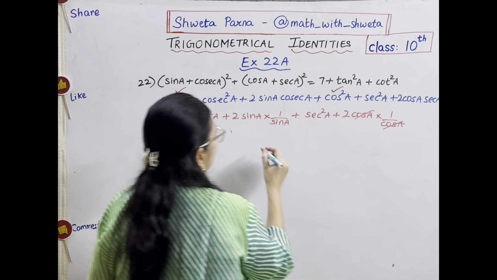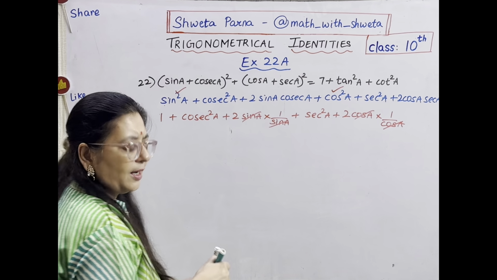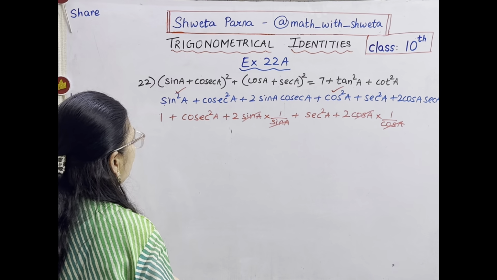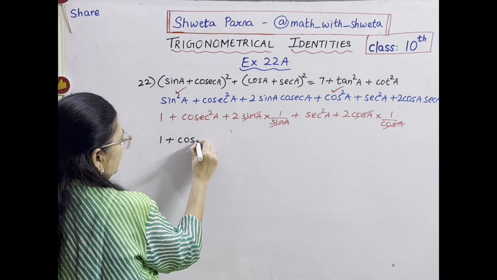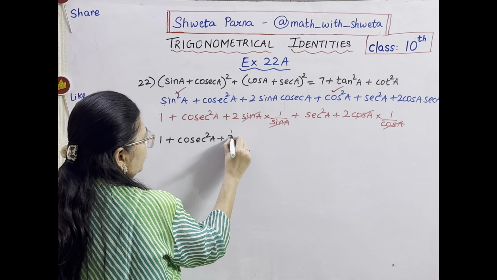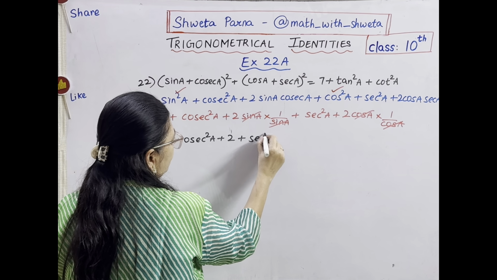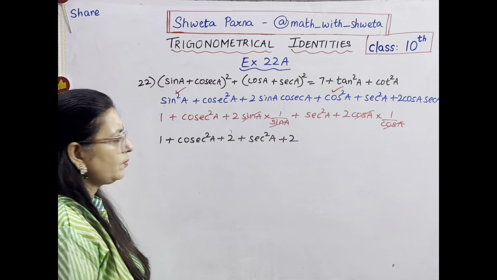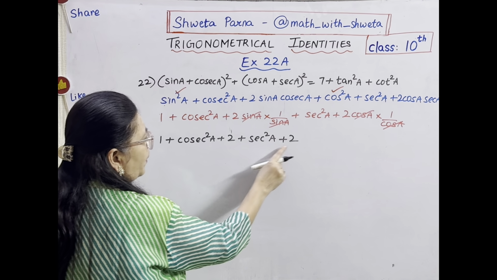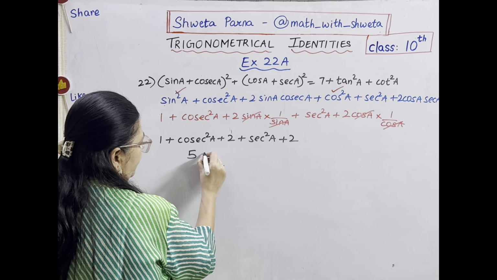This and this gets cancelled. This and this gets cancelled. Now what are you getting? You will get 1 plus cosec square a plus 2 plus sec square a plus 2. Correct? So 1 plus 2 plus 2, it is 5 plus.